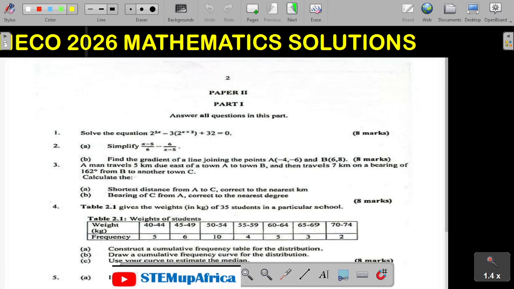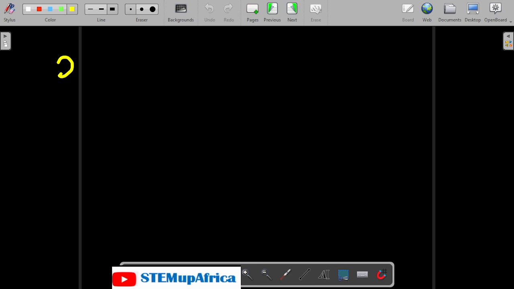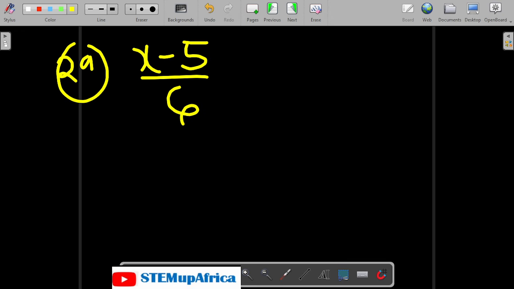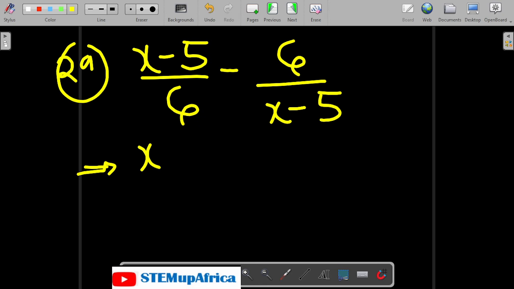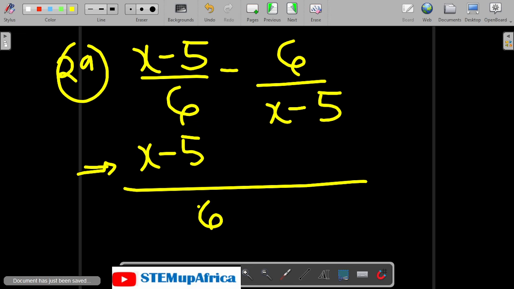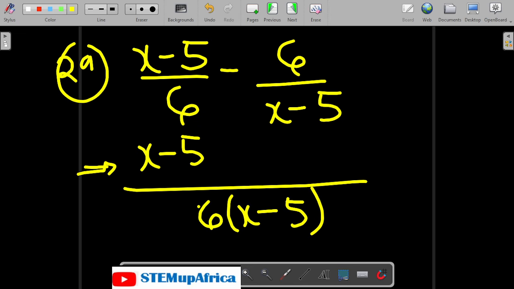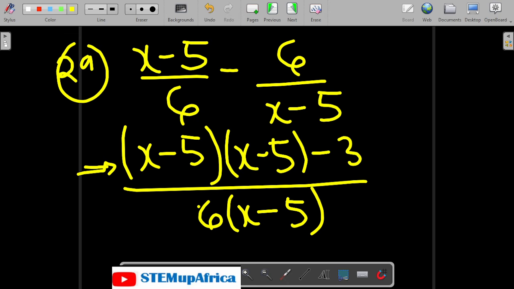Question 2a, so we should simplify this: x minus 5 over 6 minus 6 over x minus 5. So we're having 2a. This one implies my LCM is 6 into x minus 5. So I'm having x minus 5 into x minus 5 minus 36, which is 6 times 6.